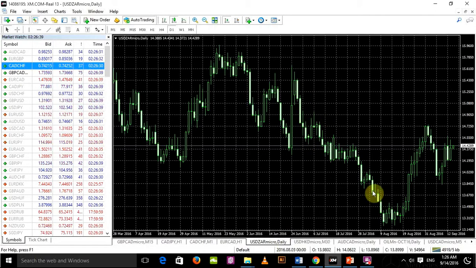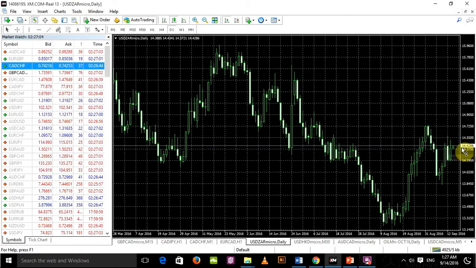We've got these prices here from March 2016 to 12 September 2016. In fact, to today's date, that is, if we check on my computer screen, the 14th of October 2016.